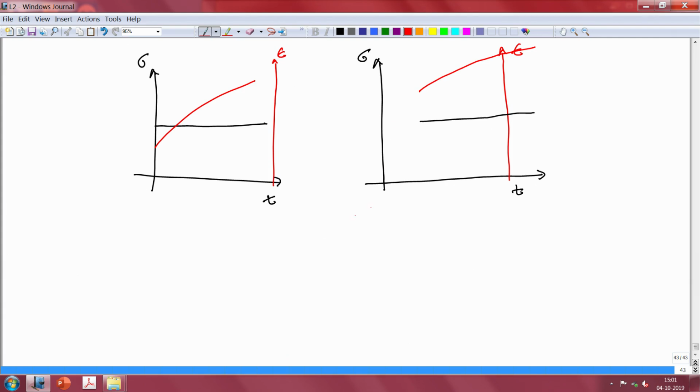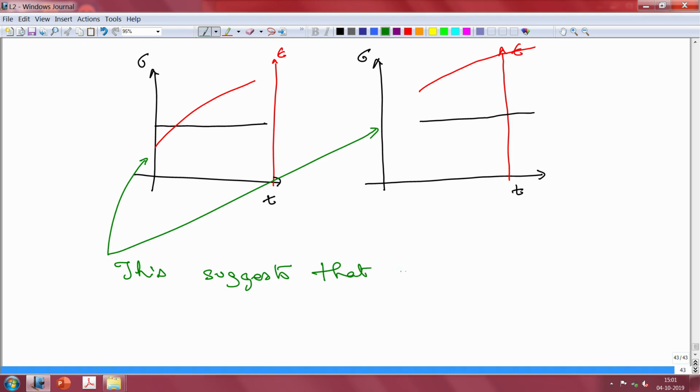So, I am drawing the response of the same material at two different times, and this change here suggests that the material has aged.